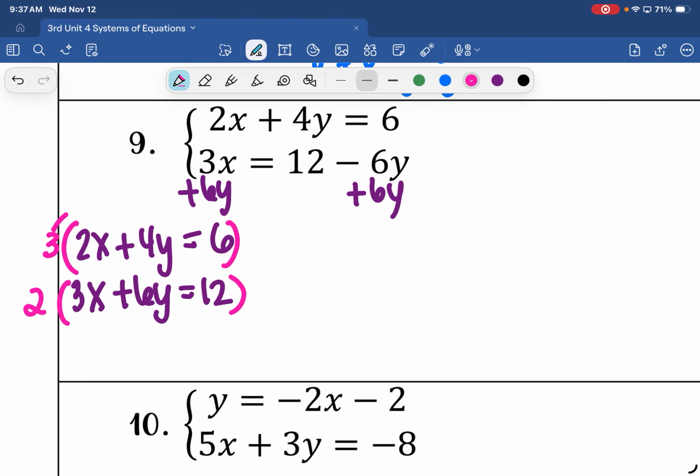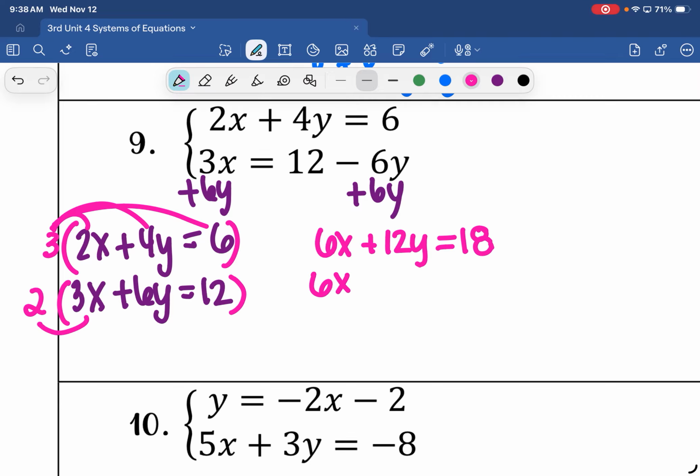So 3 times 2x is 6x. 3 times 4y is going to be 12y. 3 times 6 is going to give us 18. Now for the second equation, 2 times 3x is 6x, 2 times 6y is 12y. 2 times 12 is 24.